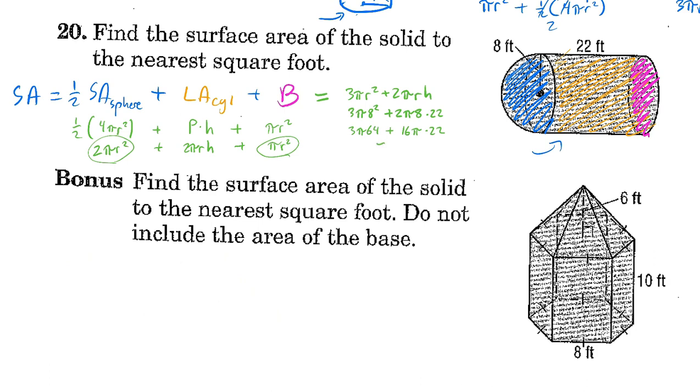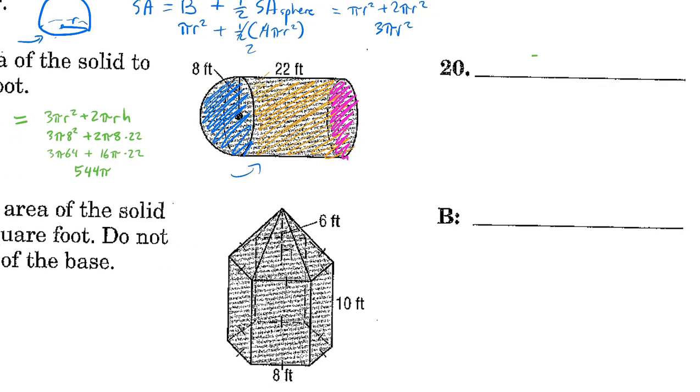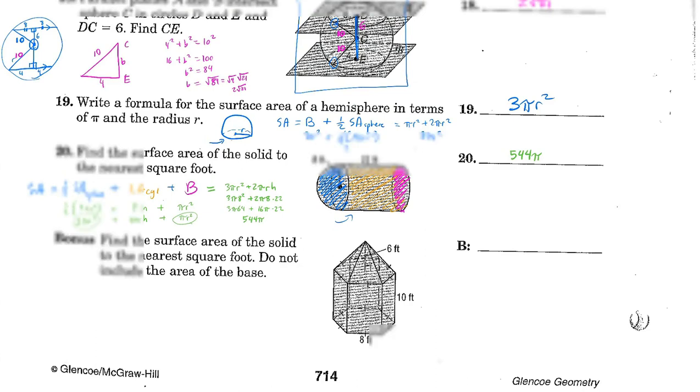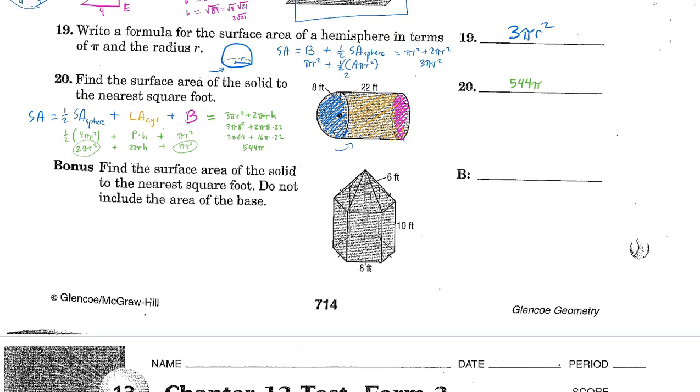So that's 544 pi, which you could totally approximate. It does say to the nearest square foot, so let's multiply by pi. We get approximately 1709.0. Oh, it's the nearest square foot, so we don't need the 0.0, just 1709.